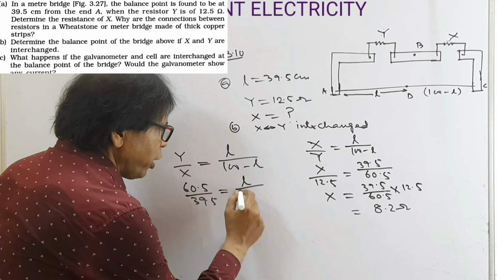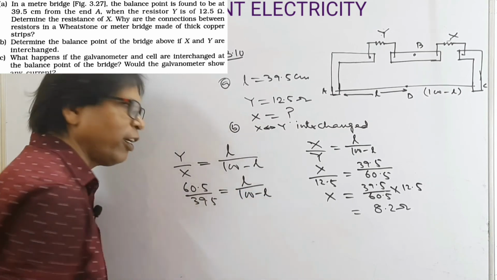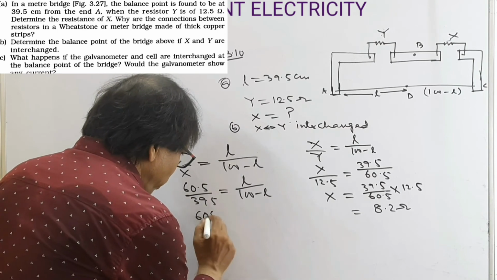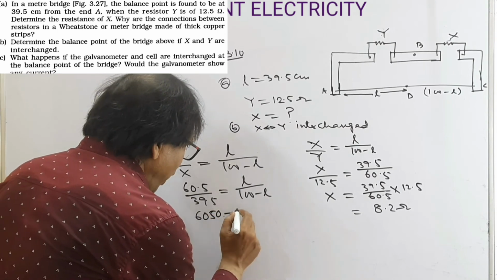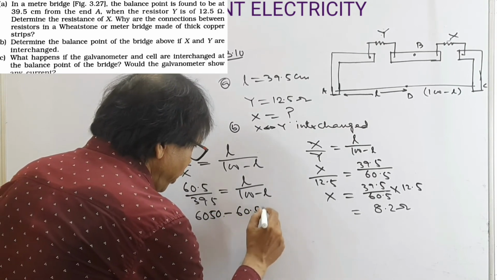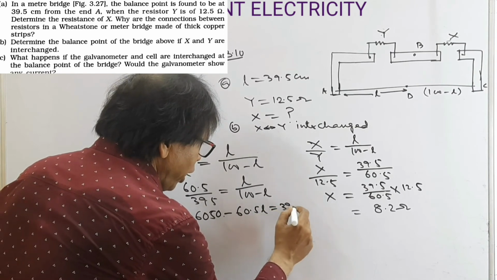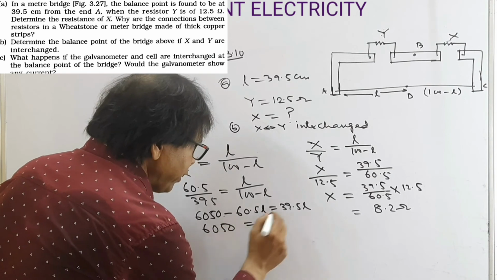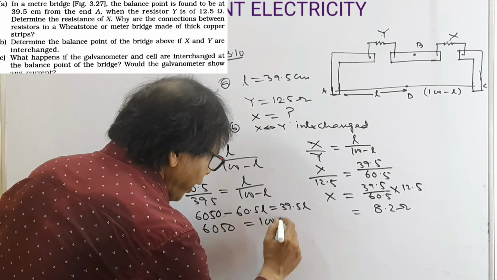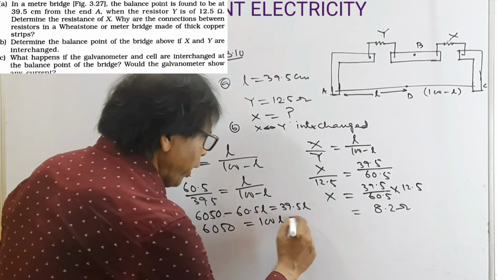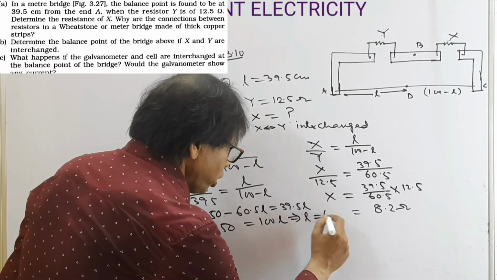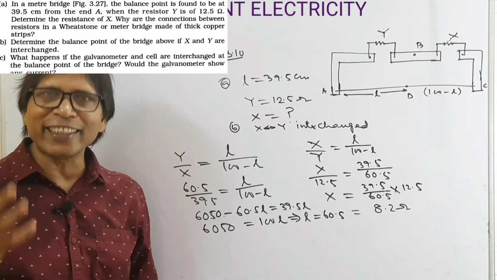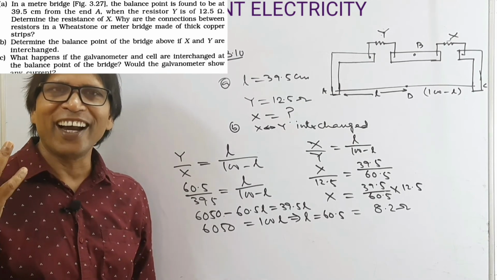This equals L divided by 100 minus L. So 6050 minus 60.5 L equals 39.5 L, so 6050 equals 100 L. L becomes 60.5. So the null point is obtained at 60.5.